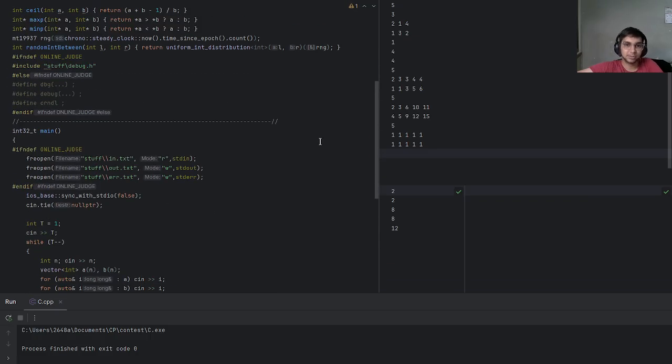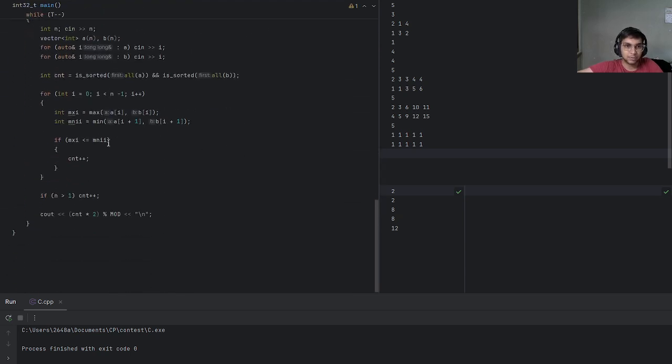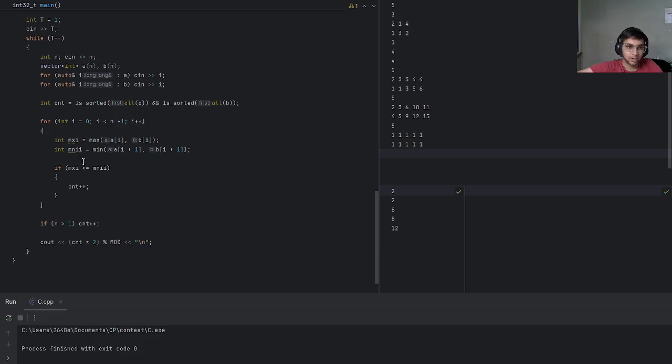I found the number of segments here, and yeah, the number of segments is fine. You don't have to do it completely. But NCR, N is still there. What am I doing again?